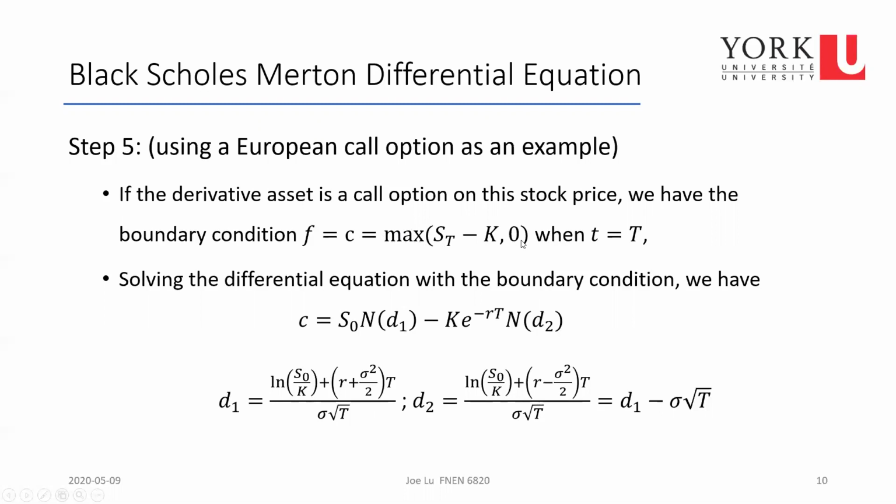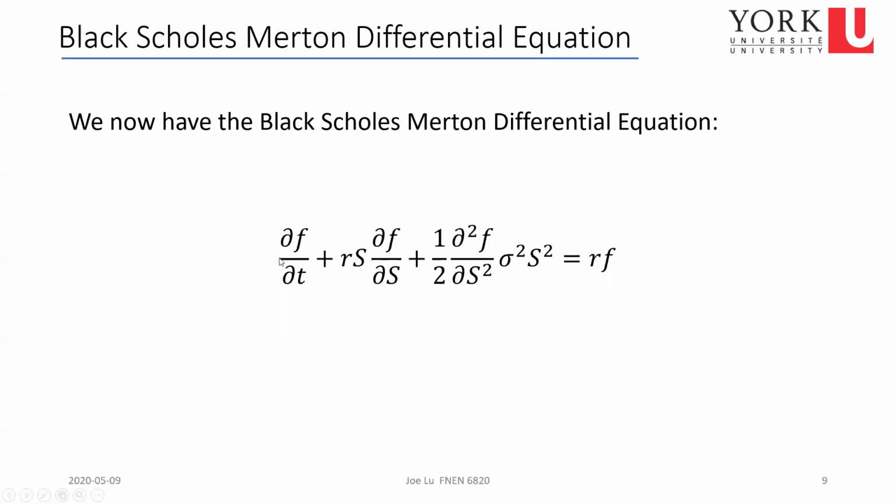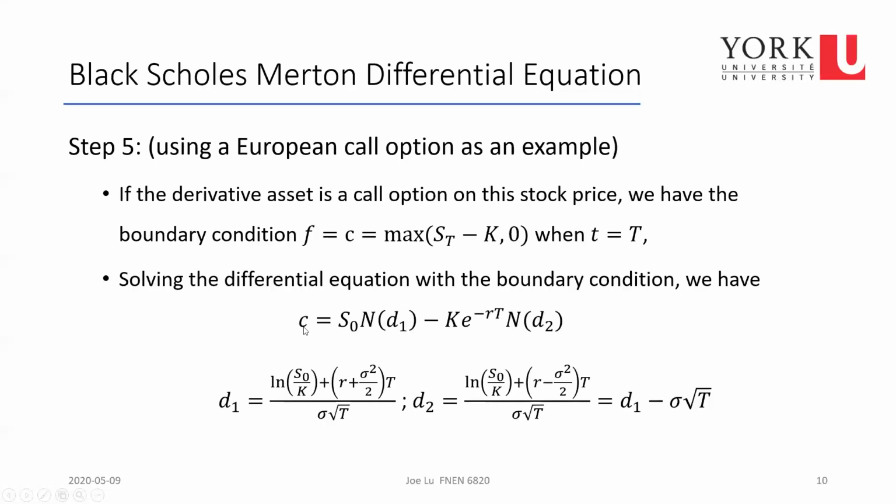Once you have the boundary condition, you can solve the partial differential equation to derive what the call value is. In this case, because the stock price follows a normal process, we are able to derive a closed form solution for the call.